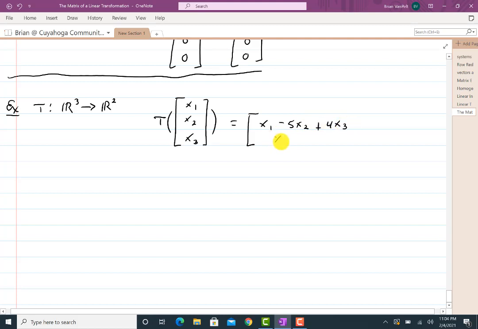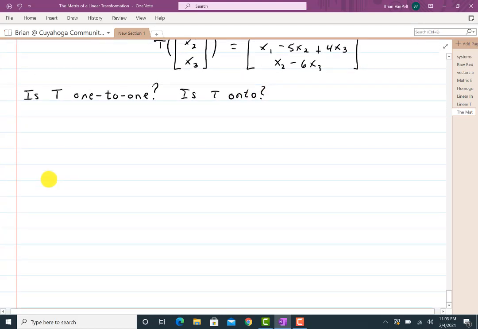The second entry is x2 minus 6x3. So I have two questions. Is T 1 to 1? Is T onto? Well, I don't know. Let's take a look.